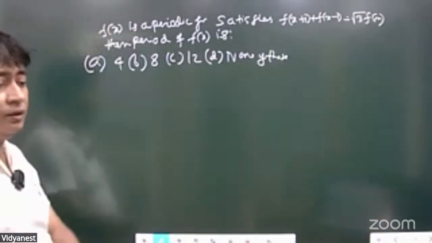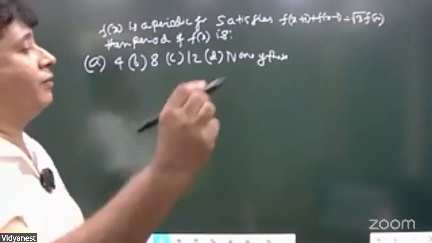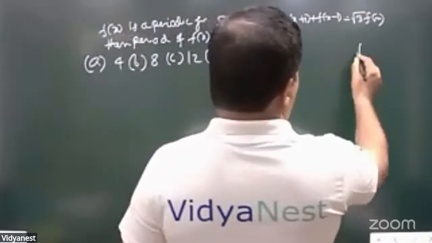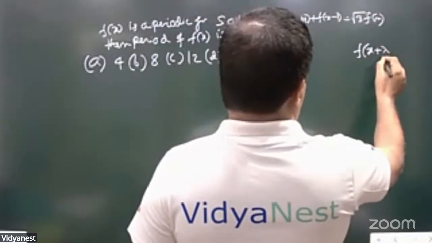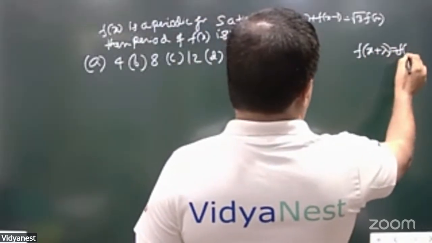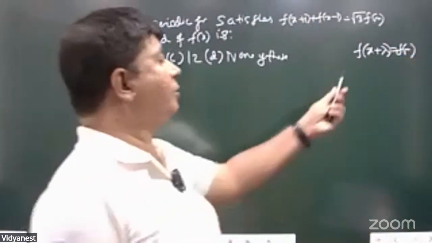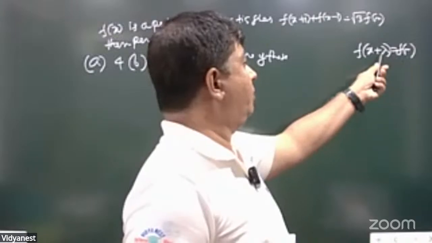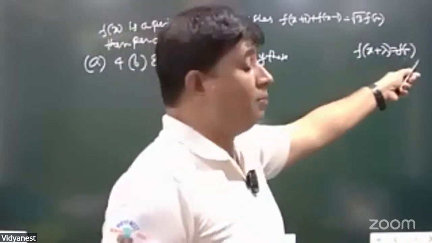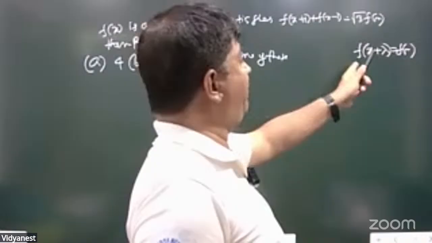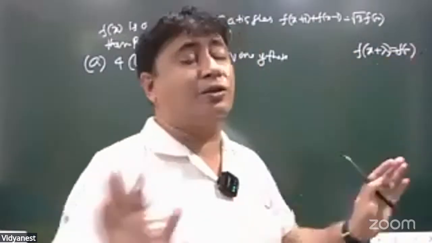Now, for your own convenience, you can write the definition of a periodic function: f(x+λ) = f(x). You observe here two functions are involved with period λ. There is no minus sign, and with f(x) apart from 1 there is no other coefficient.